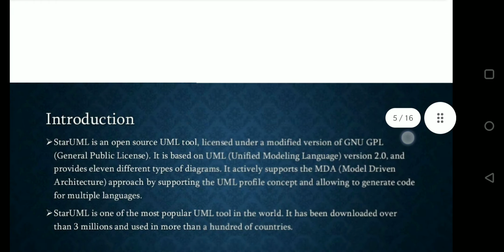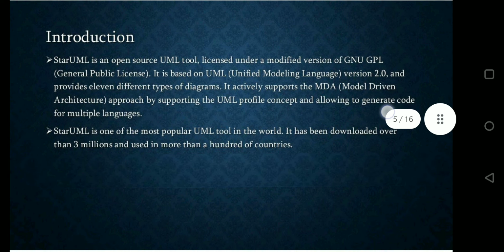So let us know about the Star UML introduction. Star UML is an open source UML tool licensed under a modified version of GNU GPL. It is based on UML version 2.0 and provides 11 different types of diagrams.